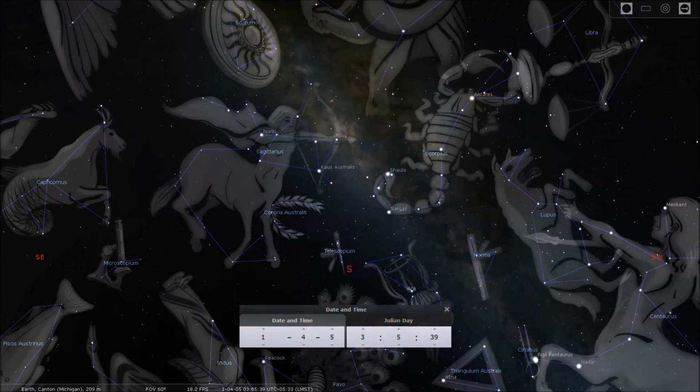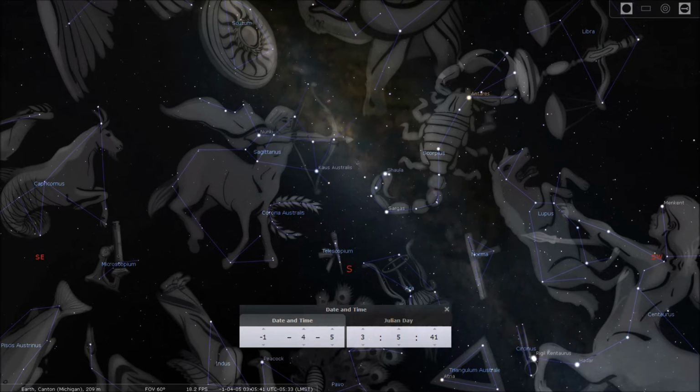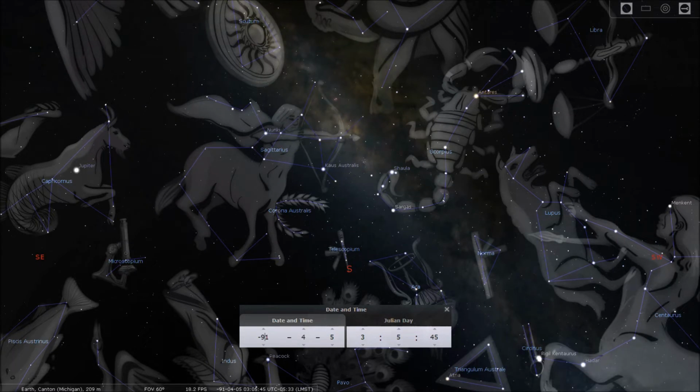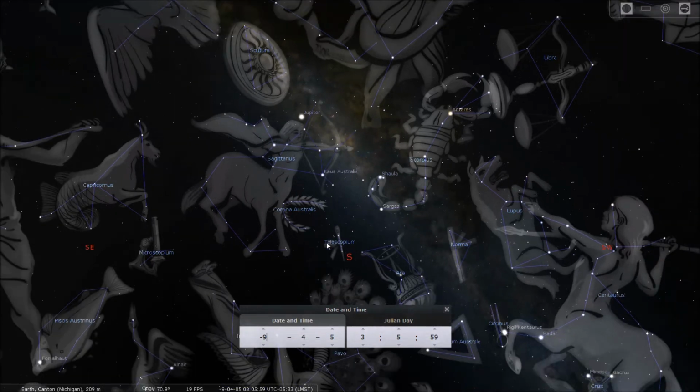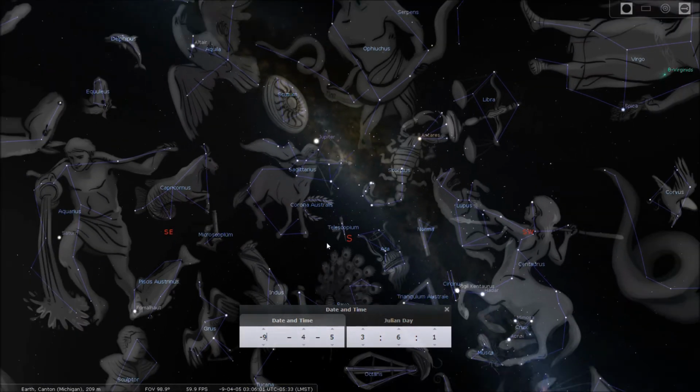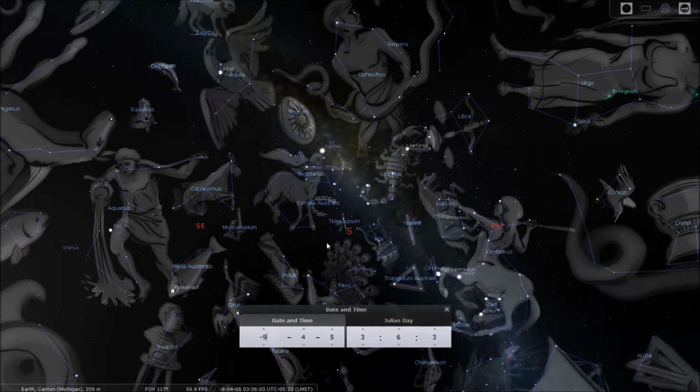So negative 9, come on. Okay, so negative 9 over Canton, Michigan. This was the skies. Let's zoom back a little bit so we can get the fuller picture.